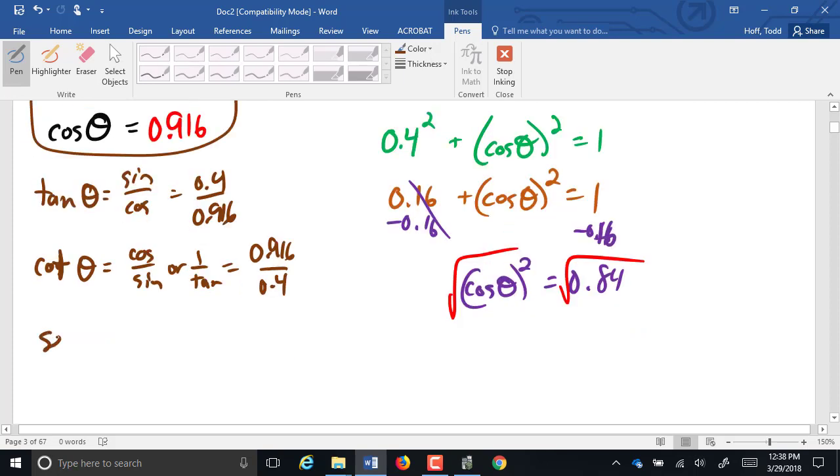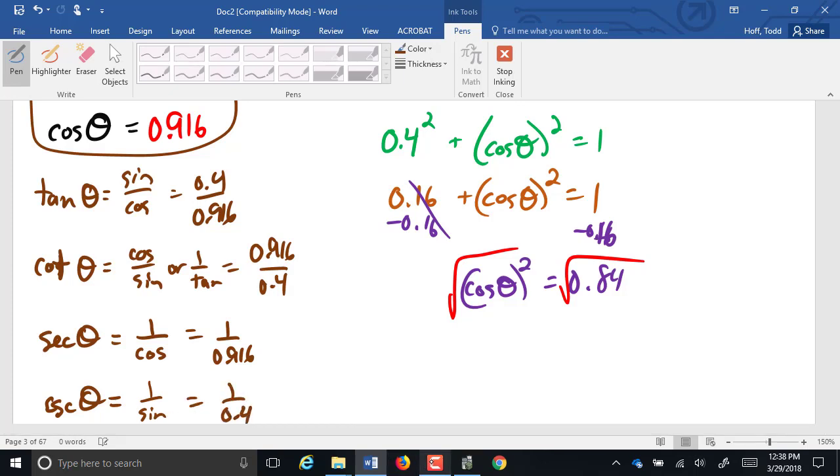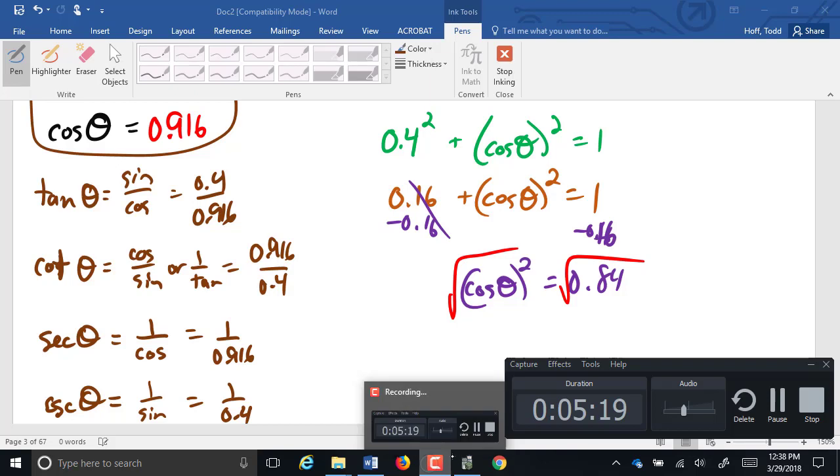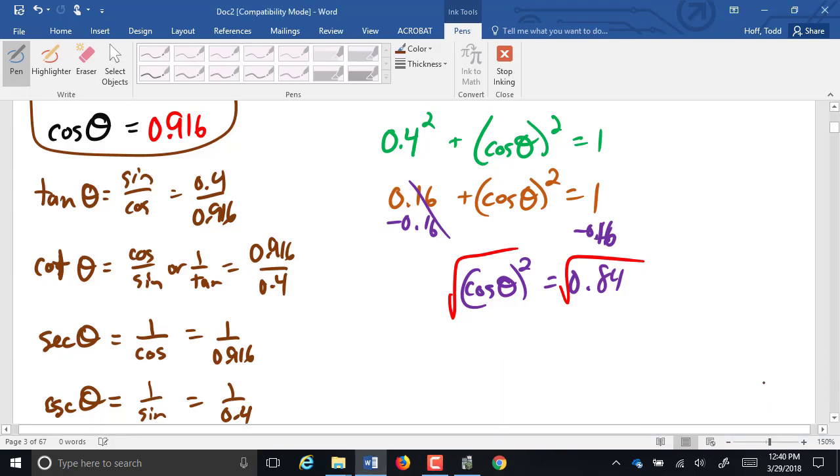How about secant theta? 1 over the cosine, so 1 over 0.916. Cosecant of theta? So we found all of those different trig functions just by being given the sine.